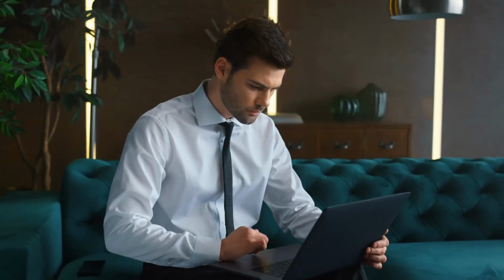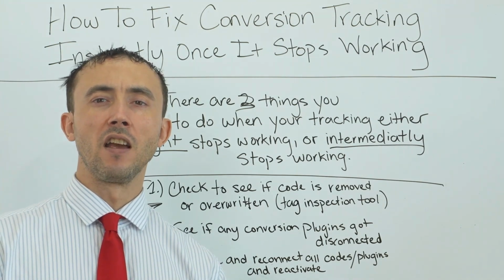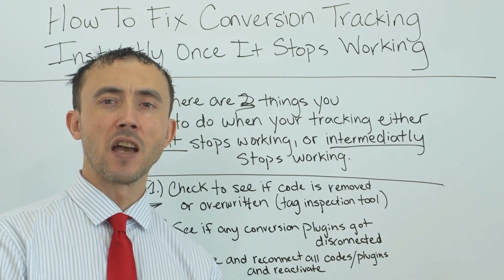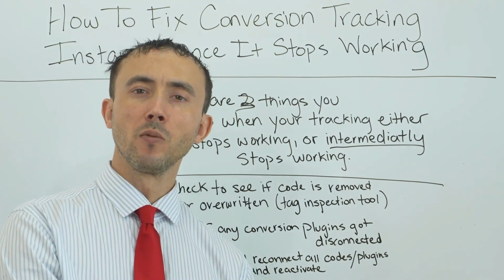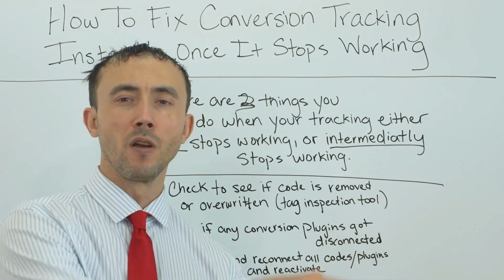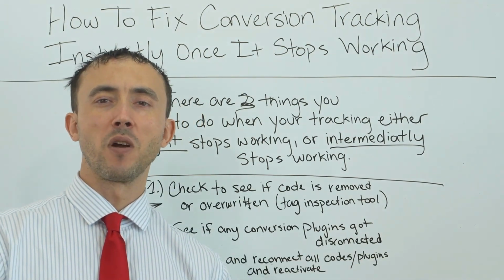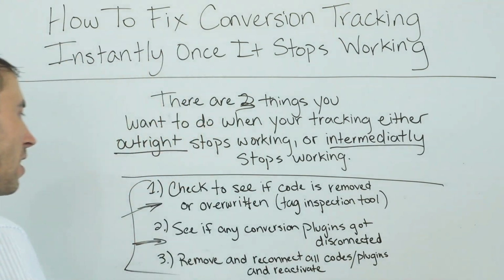You got to check those plugins and see if they didn't get disconnected. Because a lot of times, going back to the whole coder was a bonehead thing, the coder that they had come into the site to do some basic website management said, I don't think you need this plugin anymore. It's a security risk. Let's get rid of it. And then they delete it and your tracking's broke and you've now lost tons of money. So that would be your second thing you're going to do.